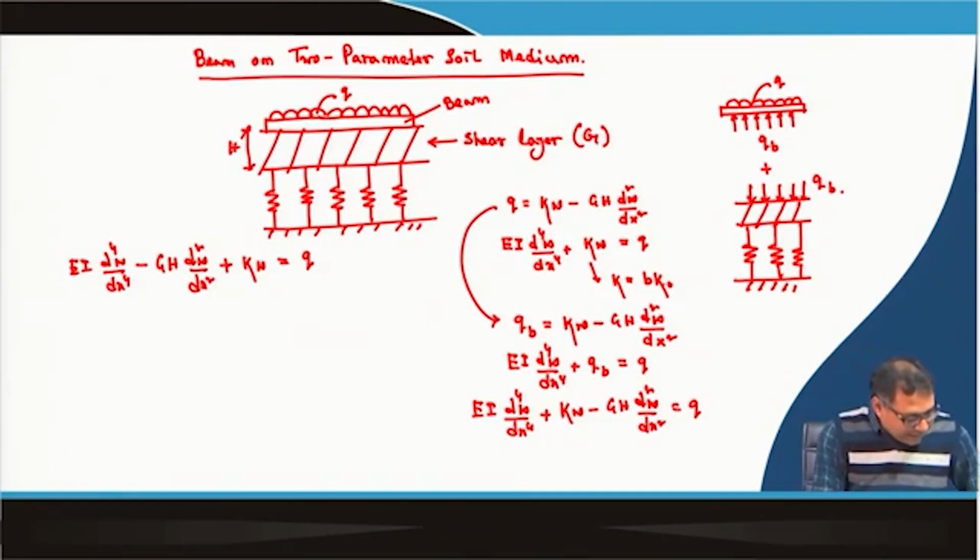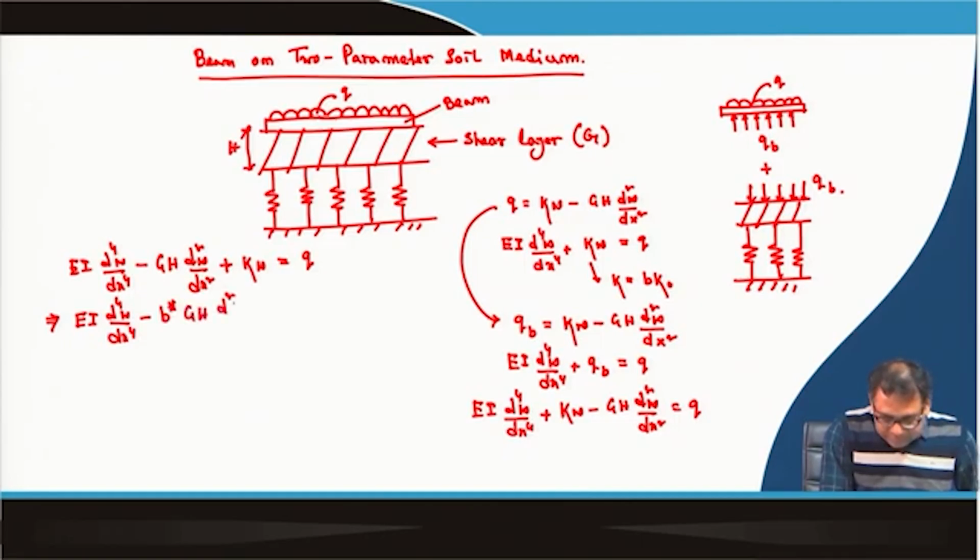So, we can write this equation as E I d4 W dx4 minus B star G H d square W dx square plus B star K W, that is equal to Q.